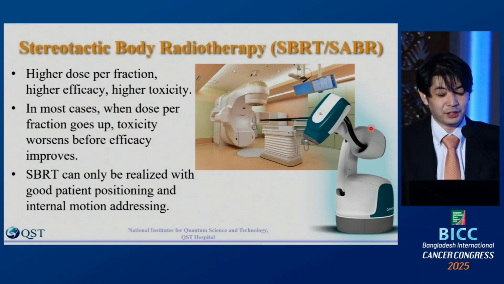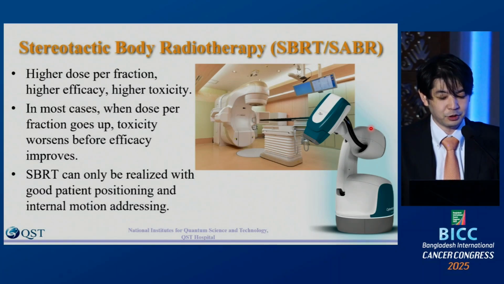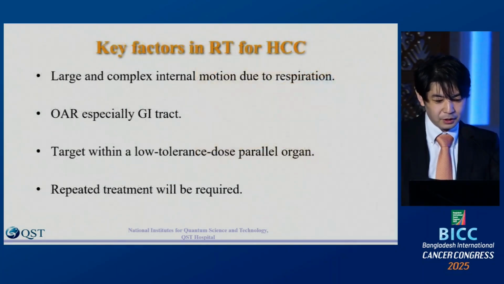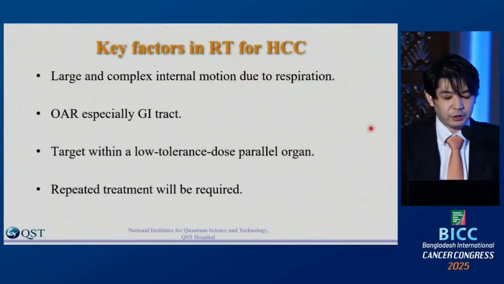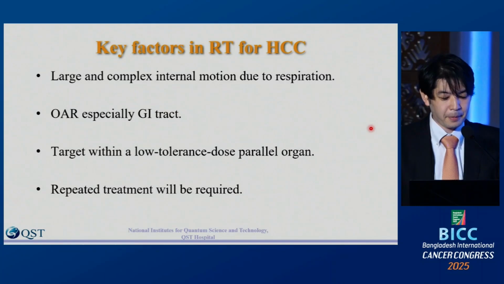SBRT can only be realized with good patient positioning and internal motion addressing. The key factors in radiotherapy for HCCs are large and complex internal motion due to respiration, OARs, especially the GI tract, and the target being within a parallel organ with a very low tolerance dose, which is the liver itself.